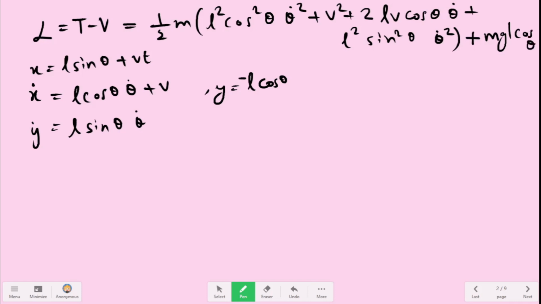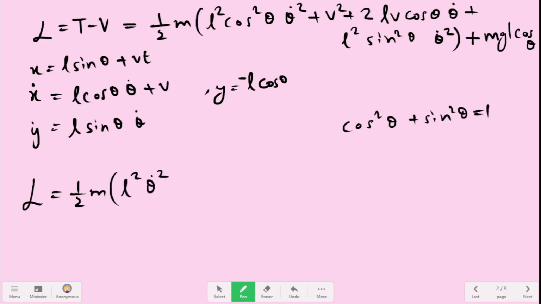Now we can use cos square theta plus sin square theta is equal to 1. L is equal to 1 by 2 m times L square theta dot square (cos square theta plus sin square theta, which is 1) plus V square plus 2LV cos theta theta dot, plus mgL cos theta.